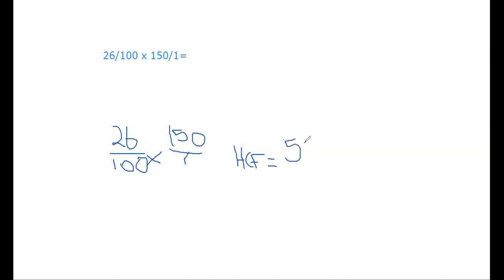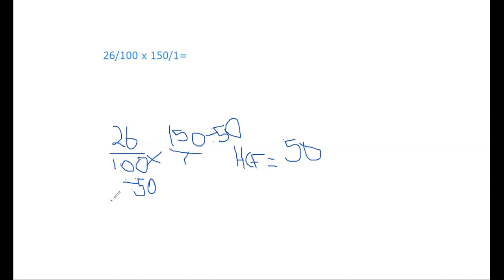It's 50. So it means that we will divide both of those numbers by 50. So we'll say 150 divided by 50, and then 100 divided by 50.